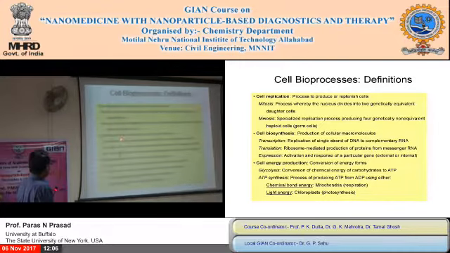The other one is cell biosynthesis, production of cellular macromolecules, and this involves three steps. One is called transcription, where the DNA unravels, forms a single strand, and then it attaches RNA to synthesize the messenger RNA. Then the messenger RNA gets into the ribosome and produces protein. It connects amino acids to make the appropriate protein you need for a certain function.